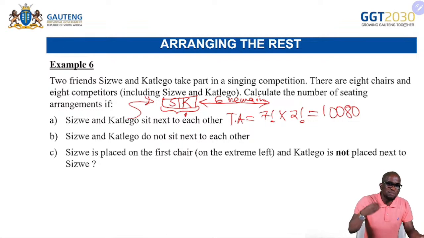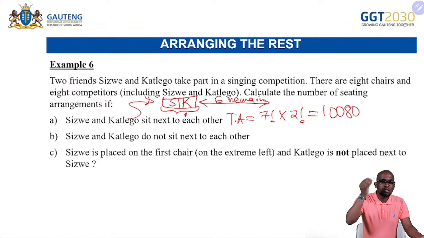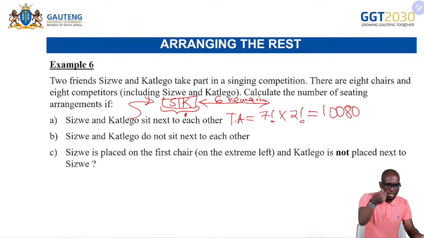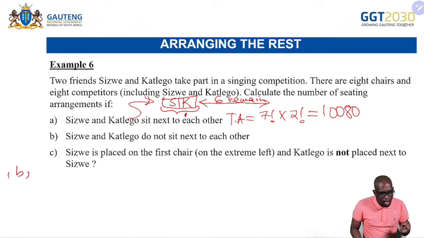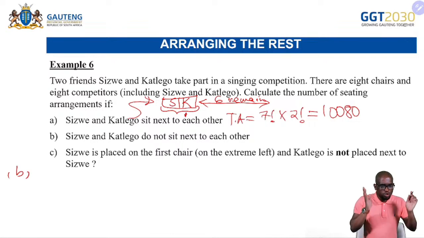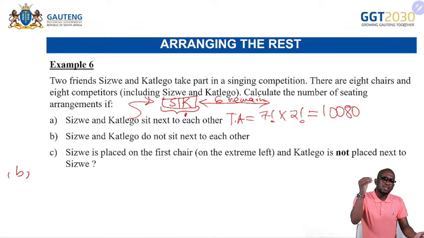So it becomes easy to resolve this by using the method of what? Arranging the rest of the items. Because here, for this second problem, B, we are going to look at the total overall arrangements, and then take away the arrangements where Sizwe and Katleho are seated next to each other.